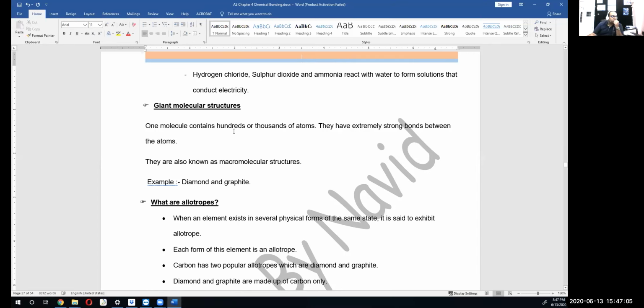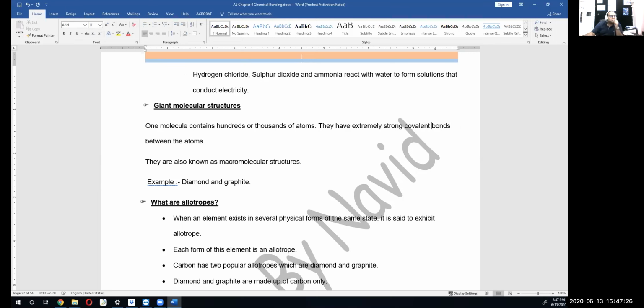Inside one molecule there might be hundreds and thousands of atoms joined together. And what are they joined together with? Strong covalent bonds.